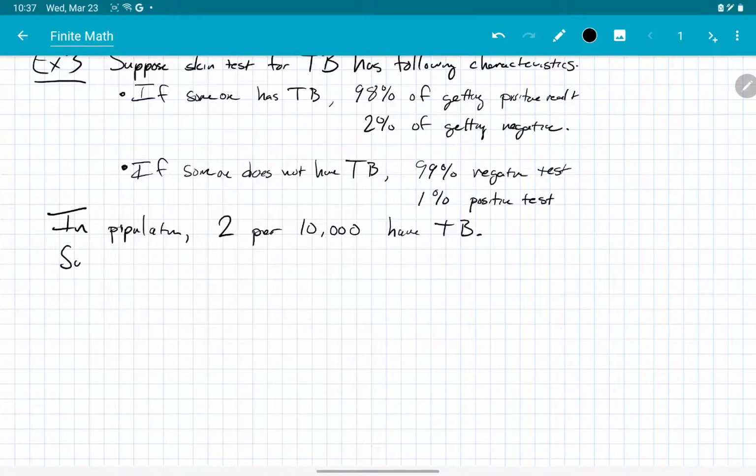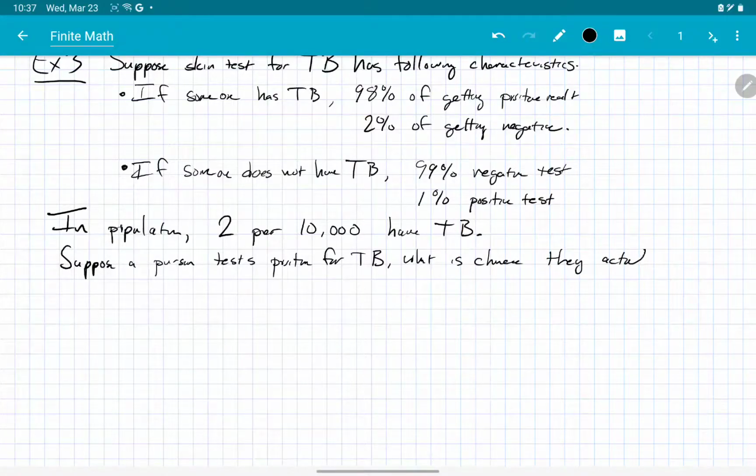Suppose a person tests positive for TB. What is the chance they actually have tuberculosis? Okay, this is a difficult question.